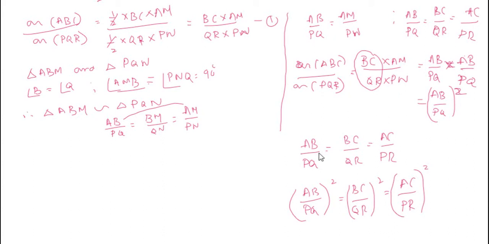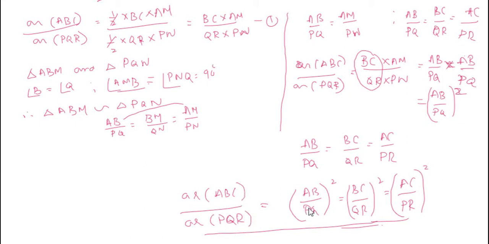Corresponding sides of the similar triangles are in the same ratio. Those ratios, if you square, you get this. But AB by PQ whole square, we know that is area of ABC divided by area of PQR. So this is the proof that we need. What it says is the ratio of the areas of two similar triangles is equal to the square of the ratio of the corresponding sides of the triangle.